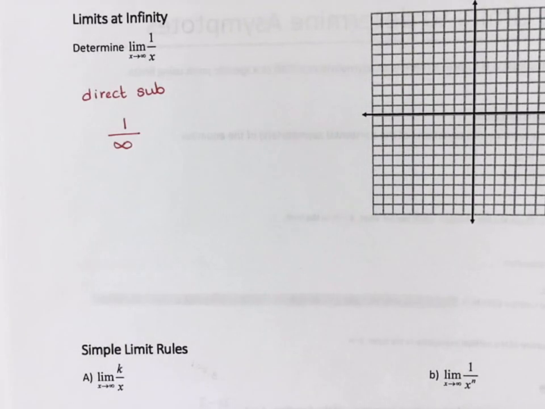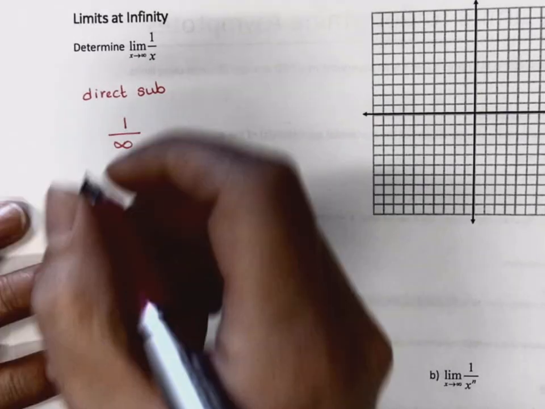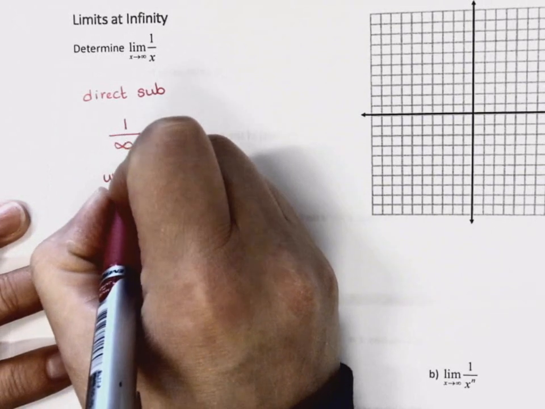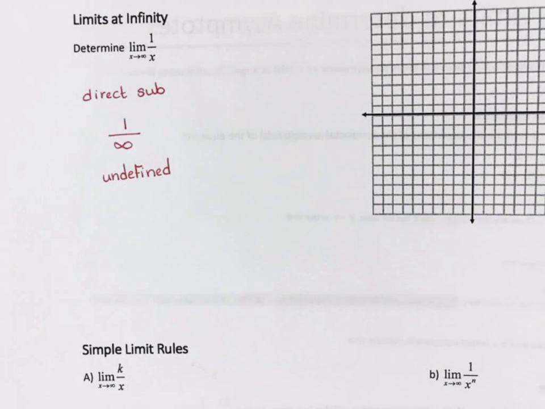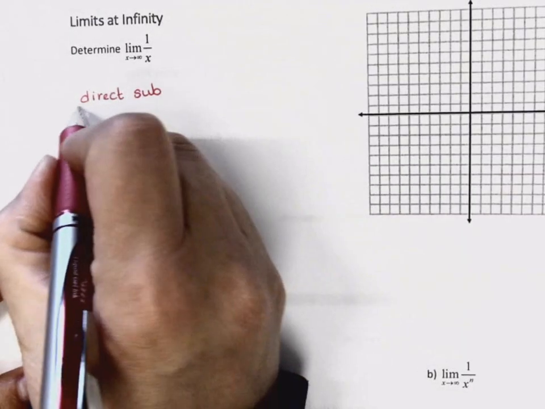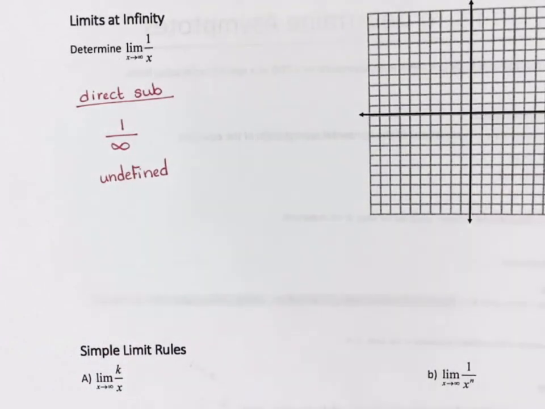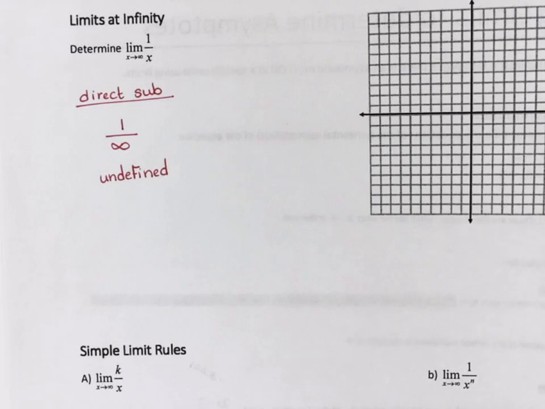And so in math, we would say that that's undefined because infinity would include all numbers, which would include 0 as well. So we say that this is undefined. It's not indeterminate, it's undefined. So if I do my direct substitution, I have a problem here. So if it's undefined, I'm going to use my left and right hand side again.